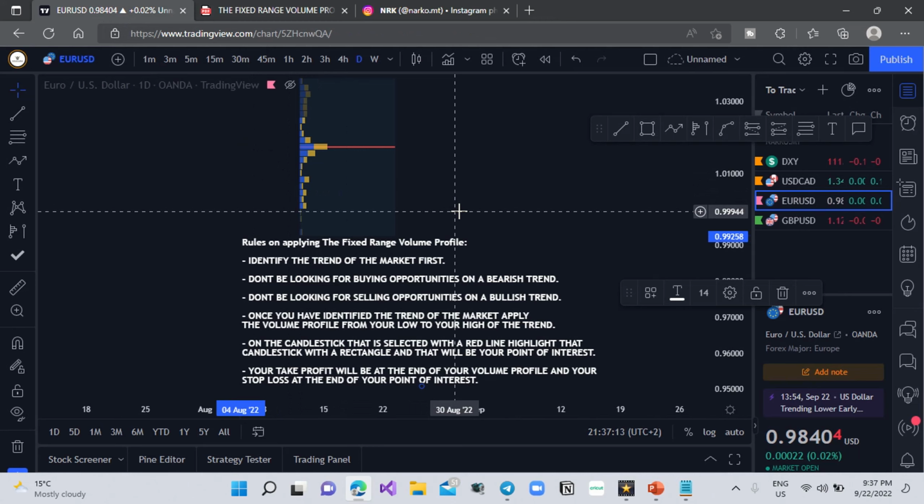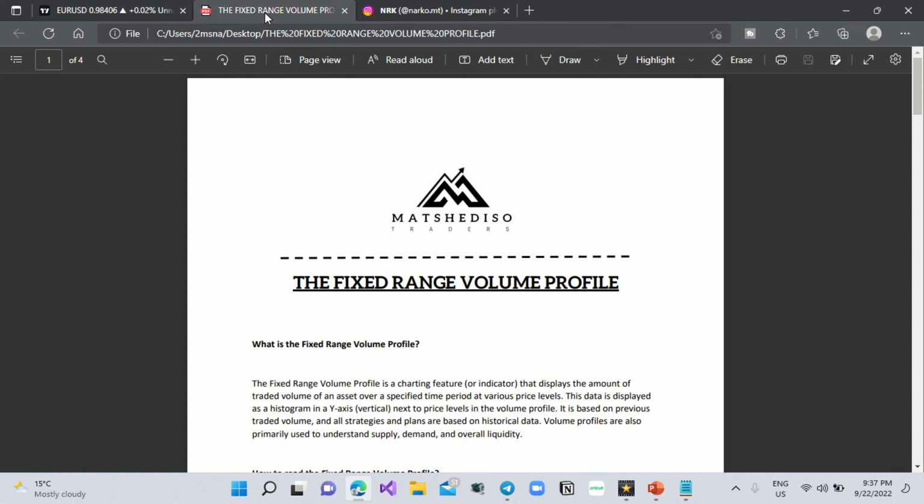Okay, so what is the fixed range volume profile? The fixed range volume profile is a charting feature or indicator that displays the amount of traded volume of an asset over a specified time period at various price levels.